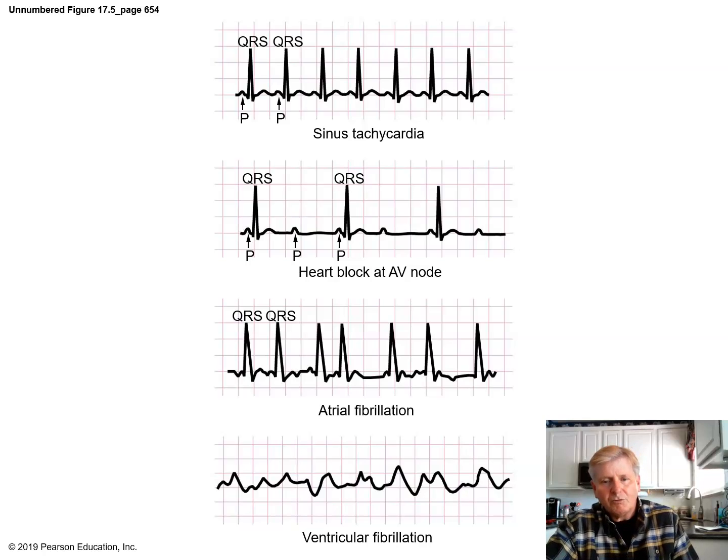That's called atrial fibrillation. The fourth example is what occurs in ventricular fibrillation. This one is when you have multiple pacemakers in the ventricles, and all of them tend to try to be the pacemaker. So you get this irregular rhythm that will eventually cause cardiac arrest, and unless that person is shocked and given medication, that person will not survive.